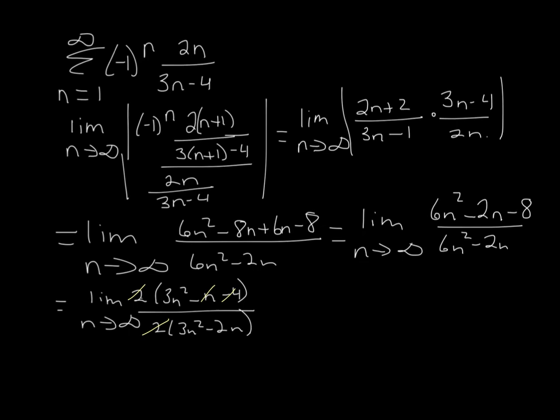The n and the 4 and the 2n really are insignificant when you have an n squared and you're going to put infinity in. So you basically end up with 3 over 3, which is 1, which means that it does not converge using the ratio test.